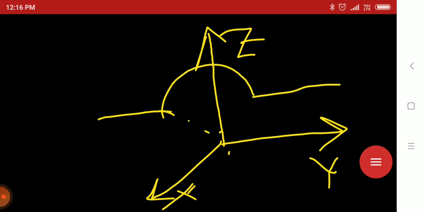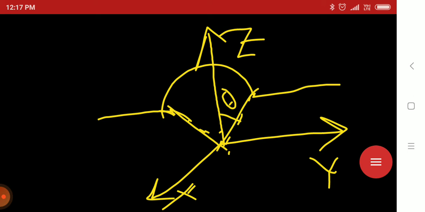I have drawn a very rough figure here, and here the angle is theta. Let the angle be theta. I am not taking the 60 degree angle here, because the force on the arc is needed, but I will take the 60 degree angle later. For the time being, let us consider it is theta.